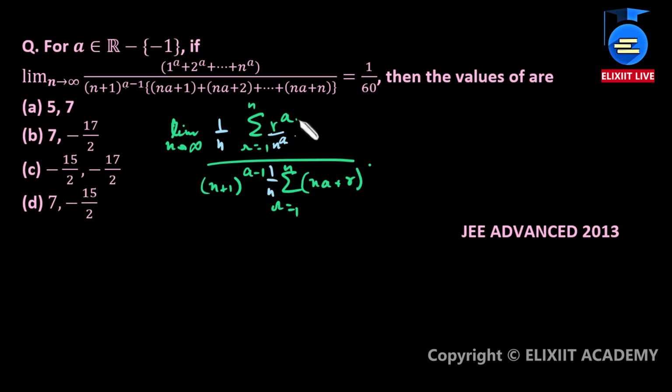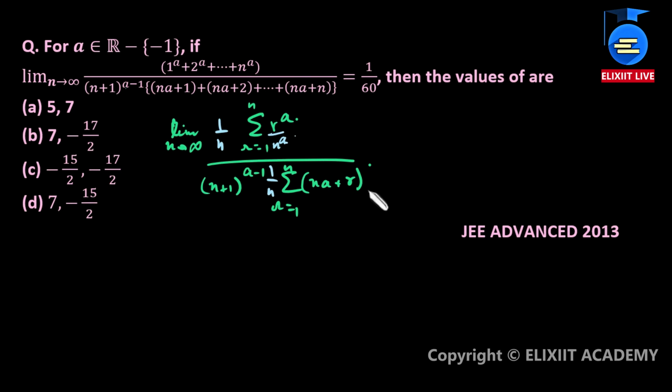Here we have n to the power a. Dividing by n to the power a, and over here in the denominator also you are dividing by n to the power a. So what happens over here? You separate that n to the power a, and write it as n to the power a minus 1 into n to the power 1.